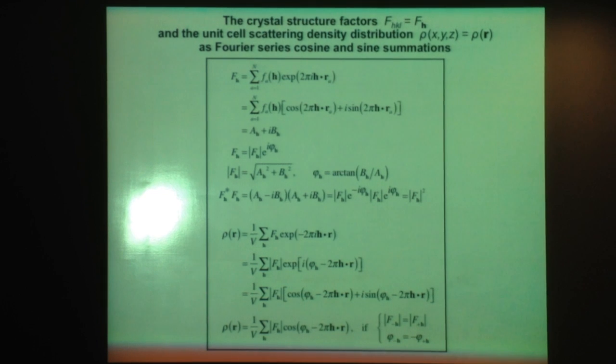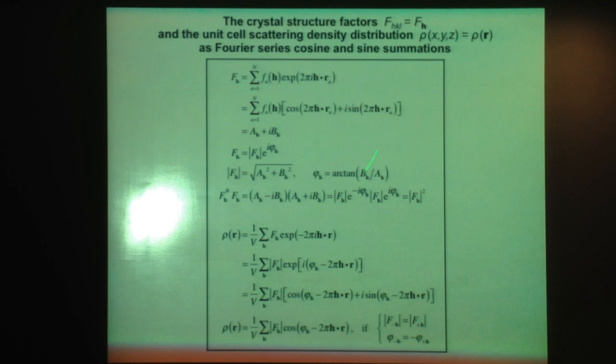So both the structure factors and the electron density can be represented by cosine and sine summations. So the electron density, our whole point in developing the notion of the Fourier series, was that an infinite Fourier series of cosine and sine terms sums to give the electron density.